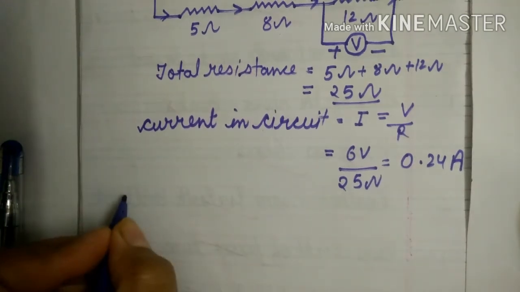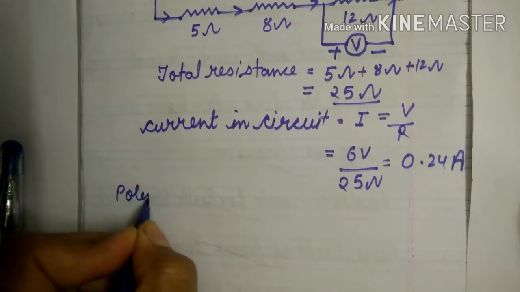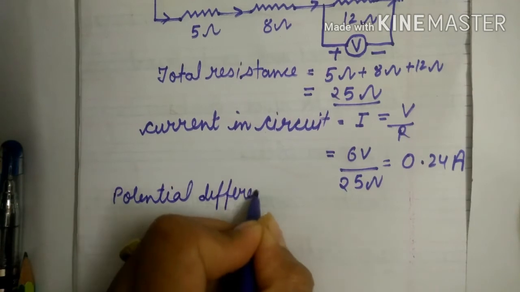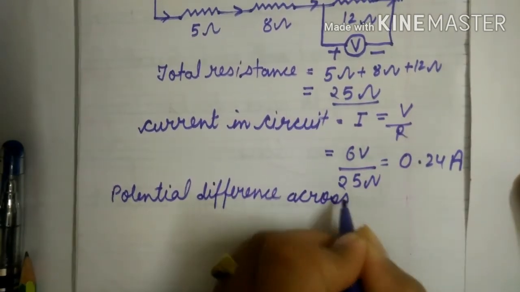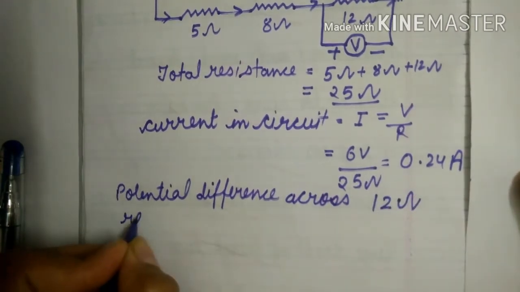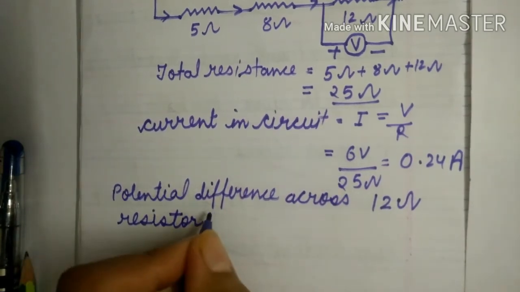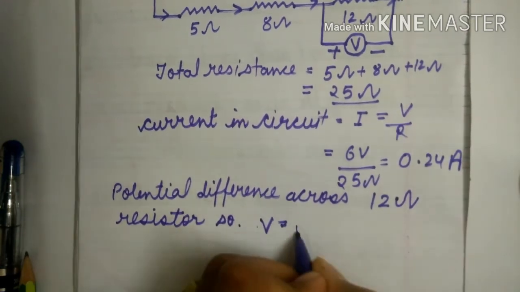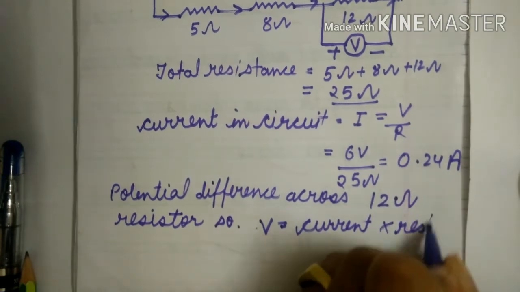Then potential difference across the 12 ohm resistor. So we know V is equal to current into resistance.